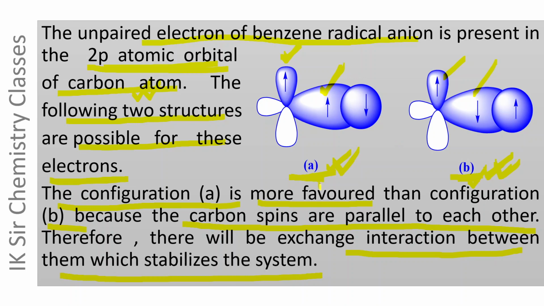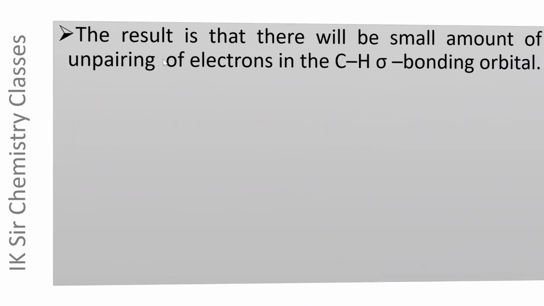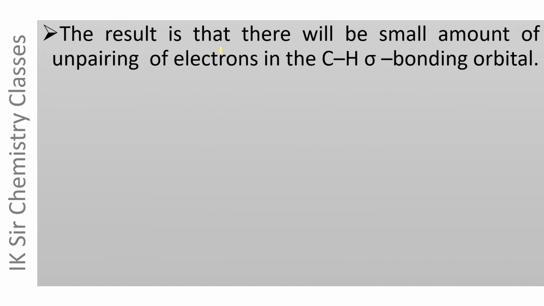In electronic arrangement A, two electrons of the carbon atom have parallel spins and there is exchange interaction between them which stabilizes the system, and therefore electronic structure A for the given aromatic fragment is more stable, more favorable than electronic structure B. The result is that there will be a small amount of unpairing of electrons in the CH sigma bonding orbital.